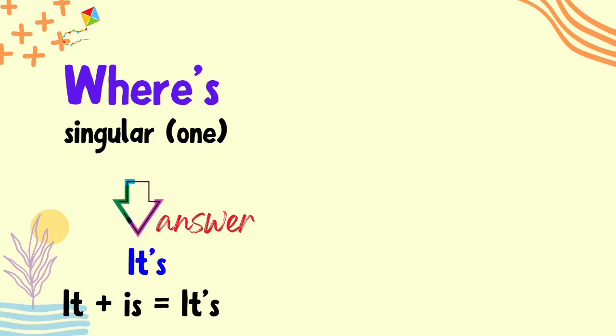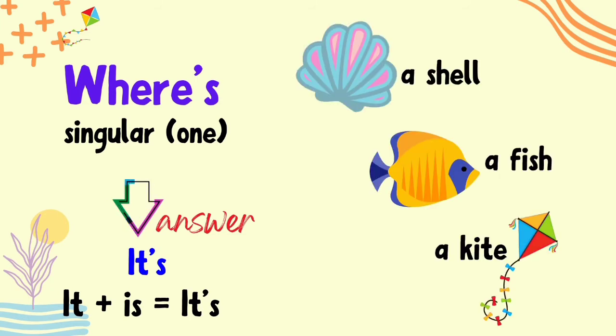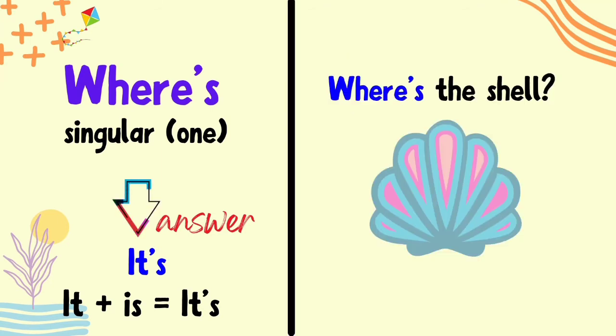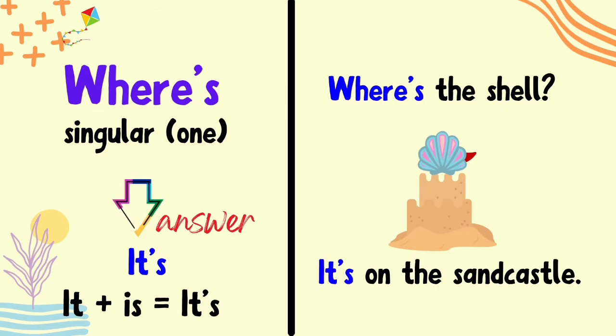A singular object like a shell, a fish, and a kite. Now let's look at an example. Where's the shell? It's on the sandcastle.